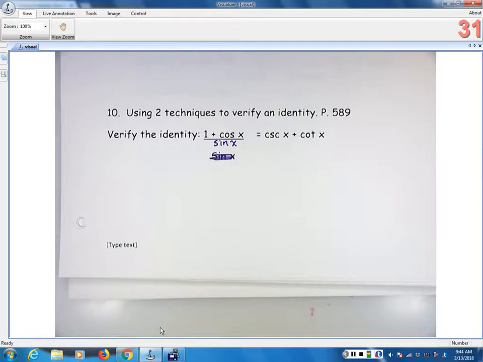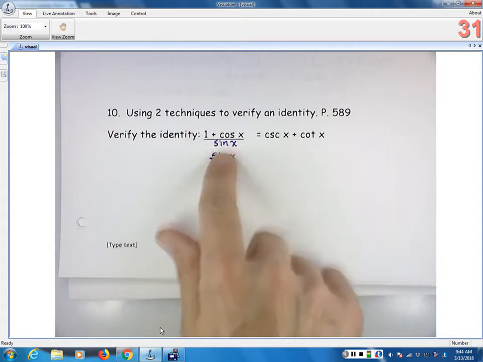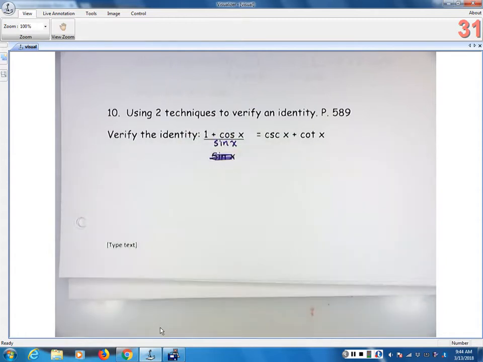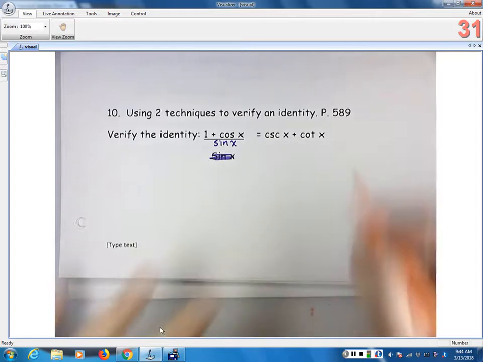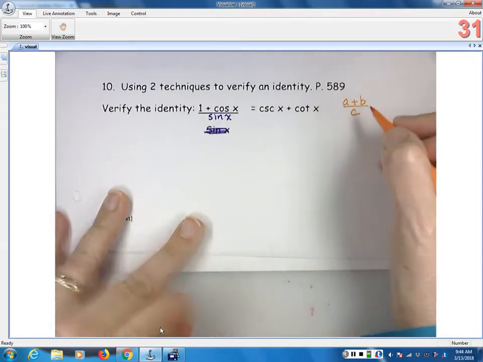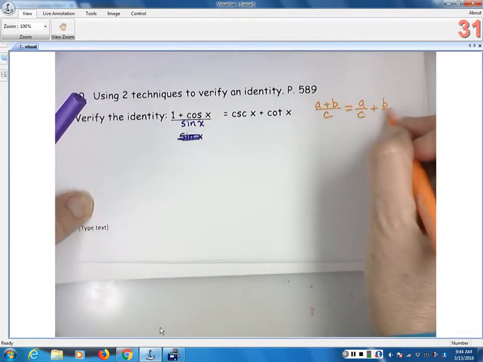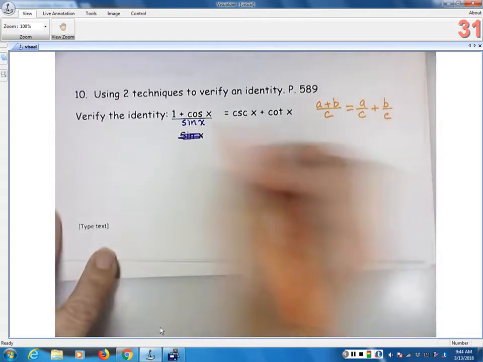Verify this identity. Remember, if you have a fraction, you can separate it. So I'll write that over on the side. If you have A plus B over C, then you can separate that as A over C plus B over C. And that's what I'm going to do on the left side here.